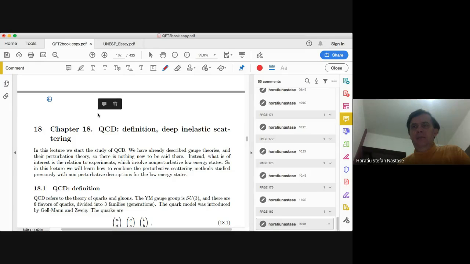That means that if you increase the energy of the scattering, then the coupling becomes weaker, so you can test easily with perturbation theory. But at low energies, it's different. At low energies, we don't have much other than experiments. So we would have to understand non-perturbative properties.